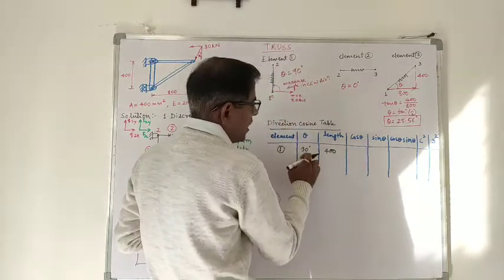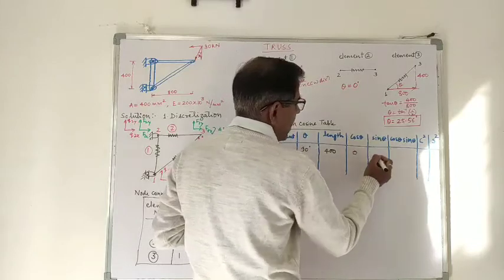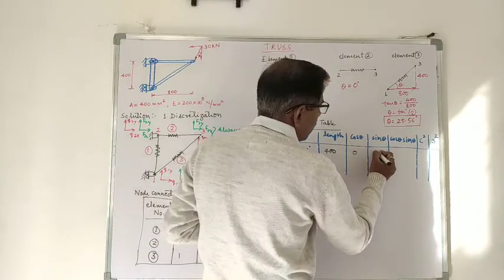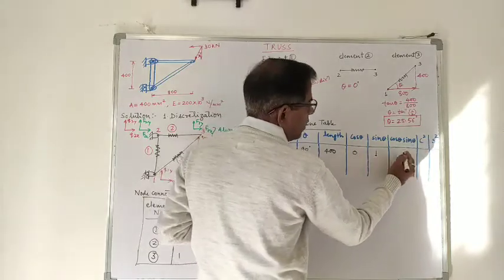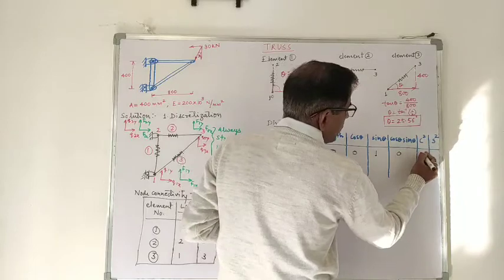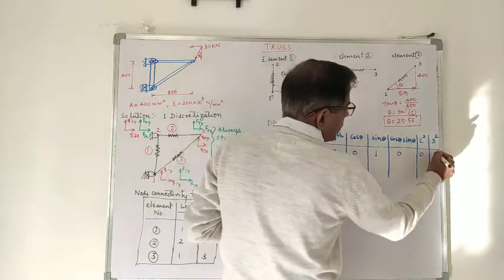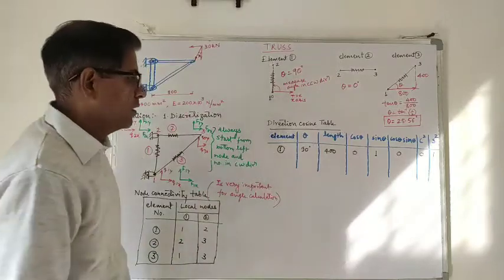Then what is cos 90 here? Cos 90 is 0. Sin 90 is 1. So cos theta sin theta, 0 into 1, is 0. Cos square theta is 0. Sin square theta is 1. Okay, this is element number 1.